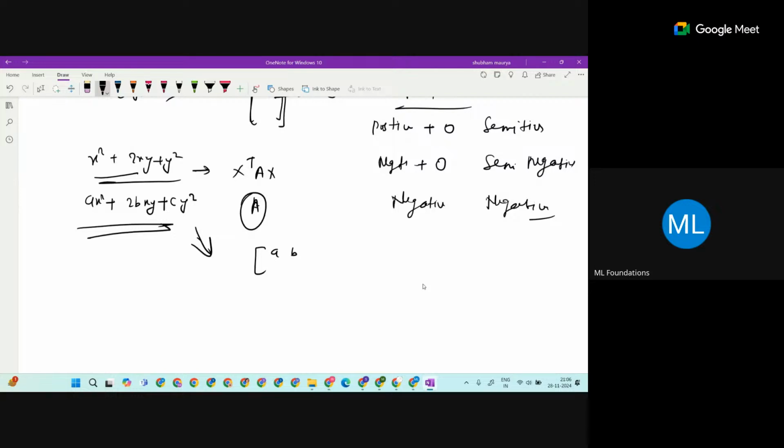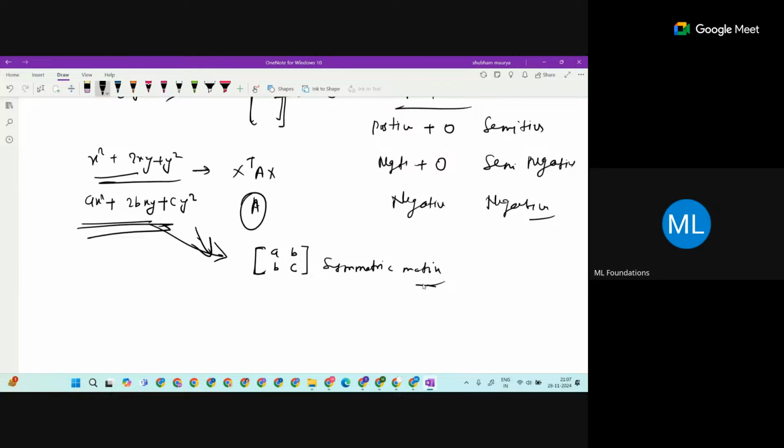Here you see that this is going to be a symmetric matrix. You can compare with this and write the matrix A.